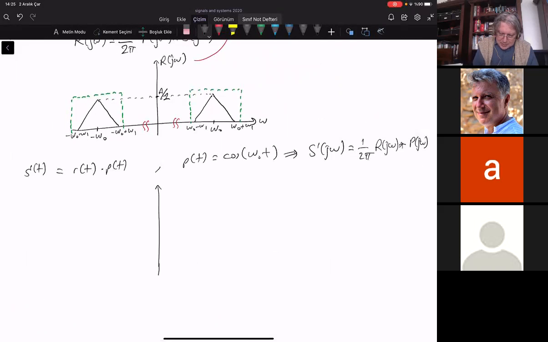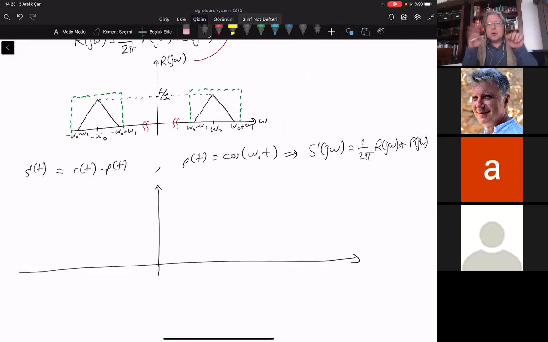Then what does that make? It makes this. You have these two triangles, and because of the two impulses, they are first shifted to the right by an amount of omega 0, and then shifted to the left by an amount of omega 0. So I will have two replicas of these triangles. One of them will be this.